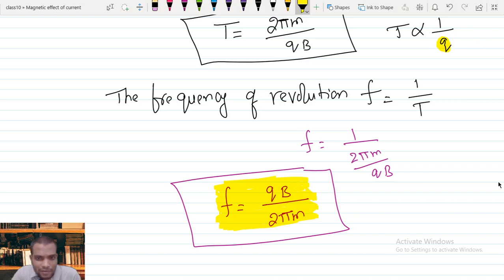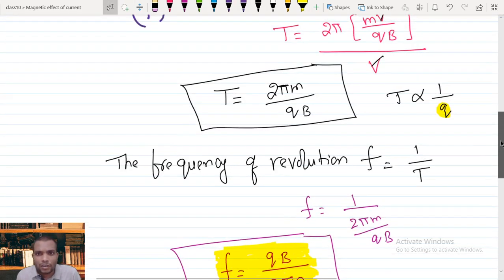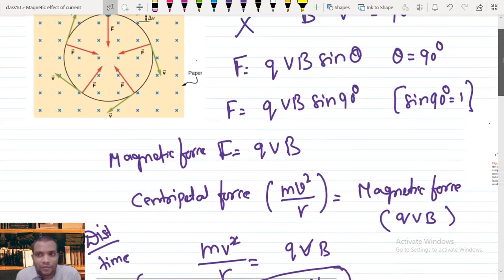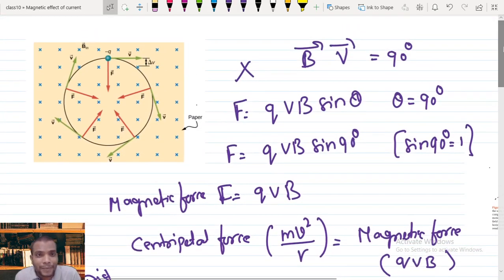But the frequency of a revolving charged particle is f equal to qB upon 2 pi m. So here I got so many expressions by making them equal when a particle moves in a magnetic field.